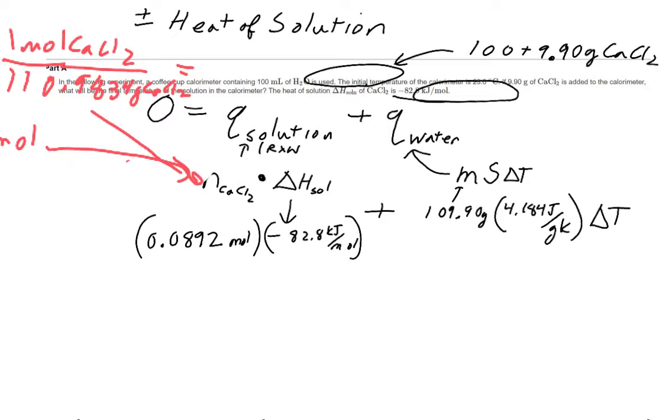So now we can begin our plugging and our chugging. So that gives us a negative 7.3859 kilojoules plus, and I'm going to multiply my 109.9 times 4.184.